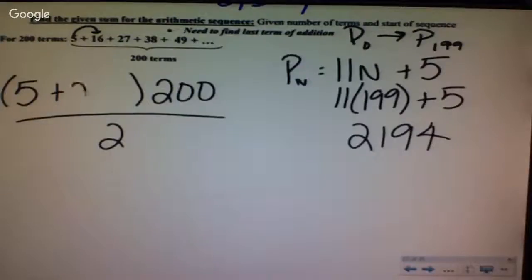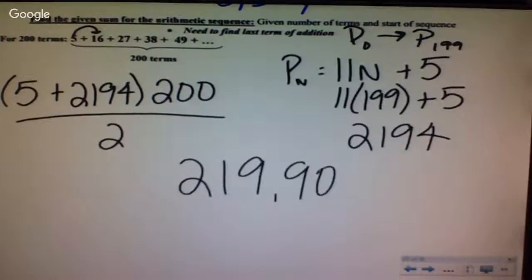So that now goes in the formula, divided by 2, times 200. The sum is 219,900.